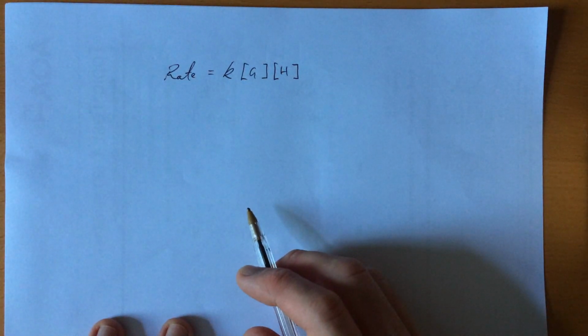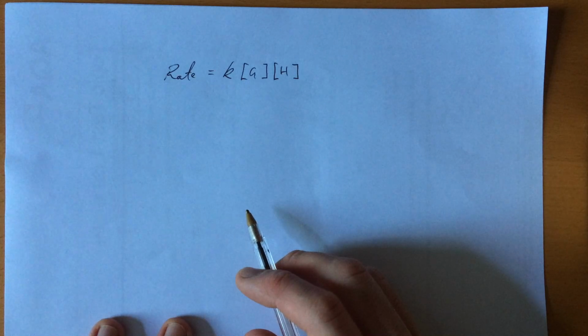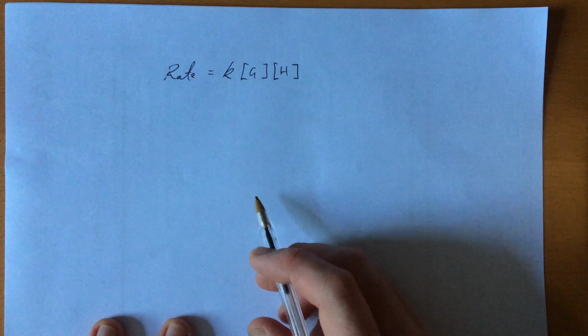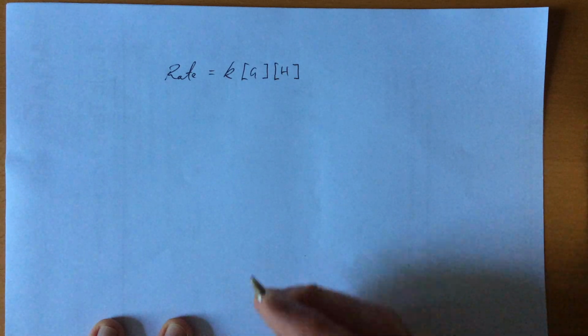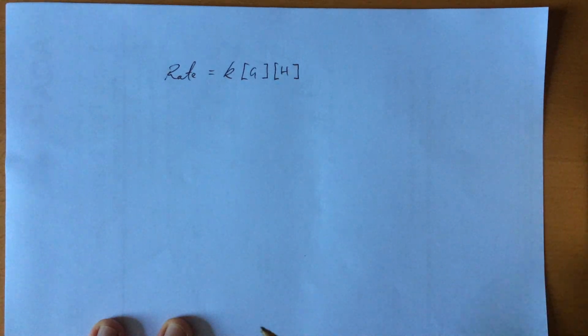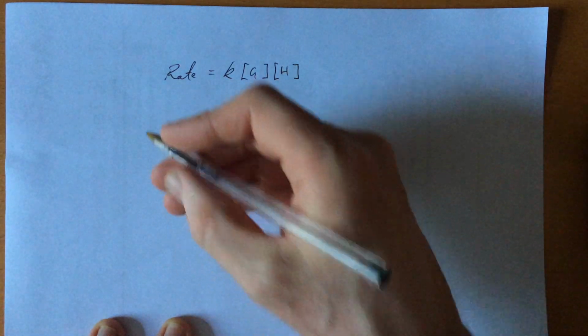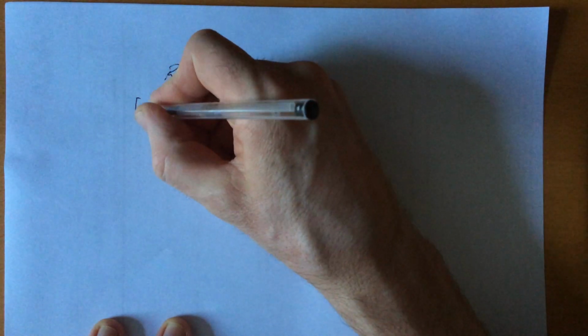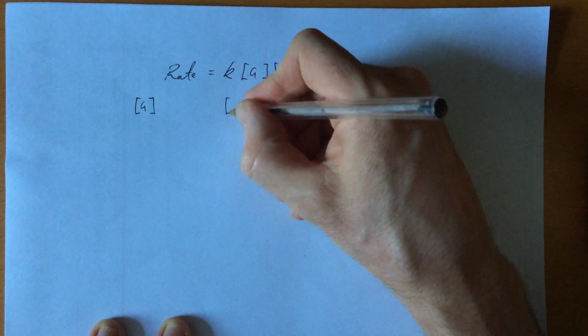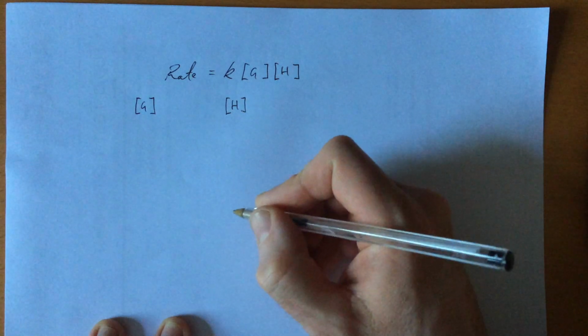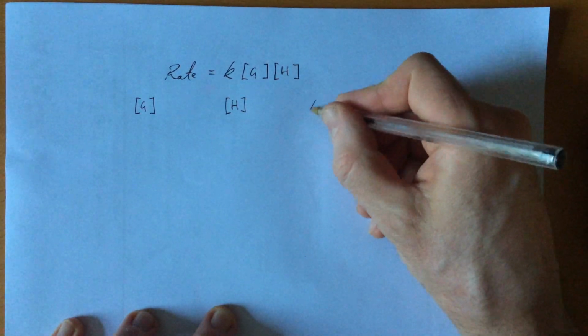And the examples I'm going to concentrate on are from the Kinetics booklet, Task 5, Question 1. Now all of these types of examples rely on you being able to interpret data and manipulate that data. So let's have a look. You'll always be given some data, and in this example you're given the concentration of G, the concentration of H, and the rate.